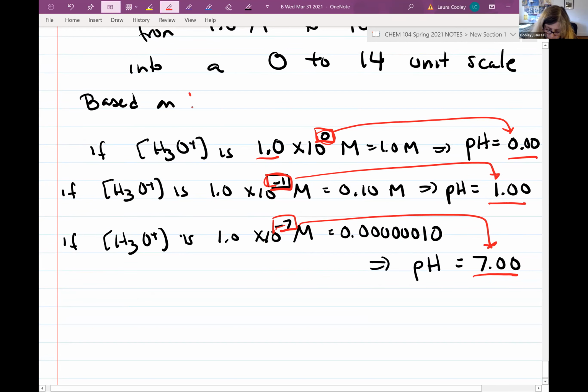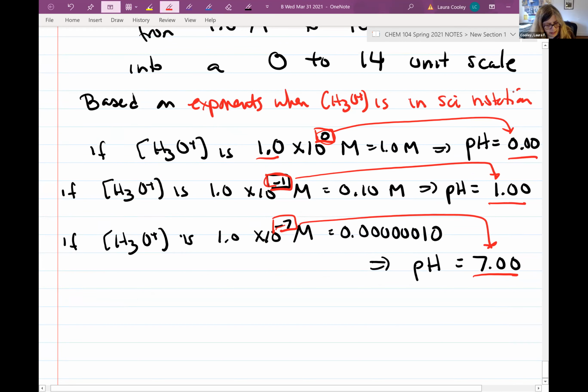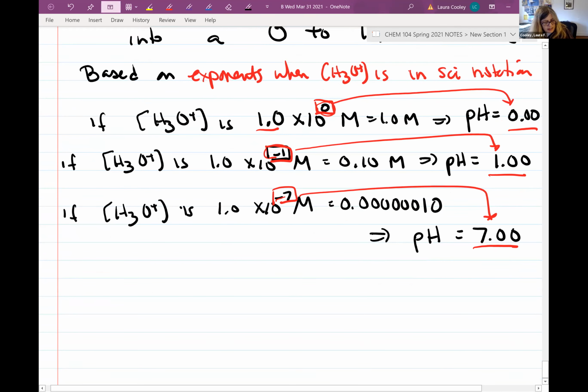I hope it makes sense. This is based on the exponents when the H3O plus is in scientific notation. And that's not a shock or surprise, because it's based on logs, base 10 logs.